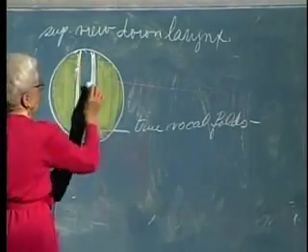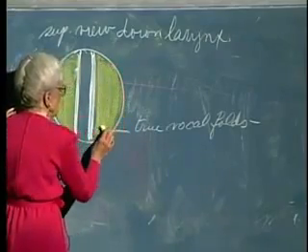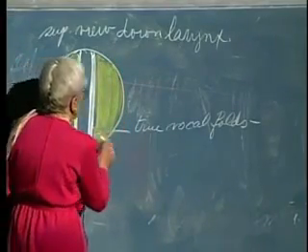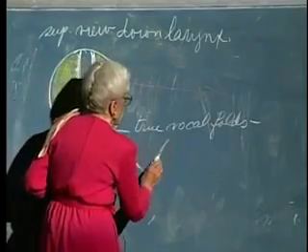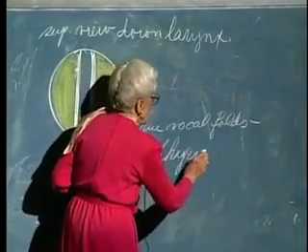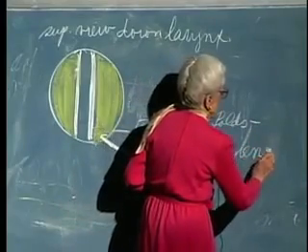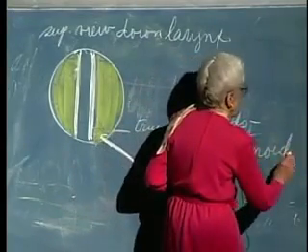The so-called thyroarytenoid muscle. The arytenoid is named after one of the cartilages we're not going to study. So this is our thyroarytenoid muscle.